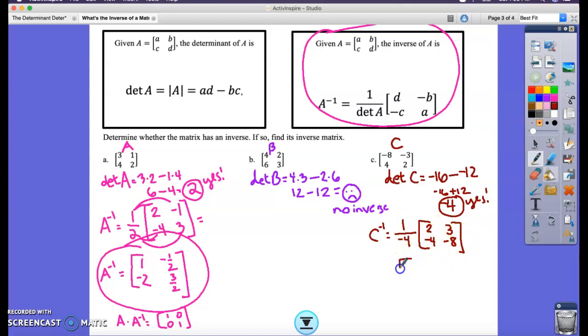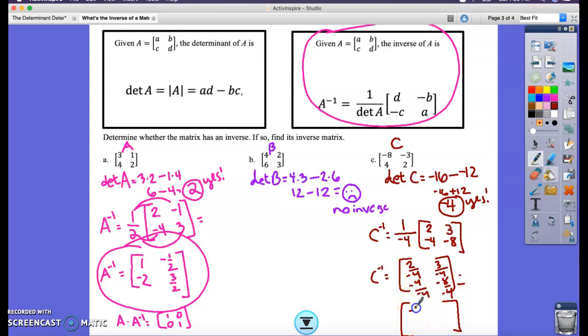Now I just simply distribute that out to find out what C inverse is. 1 over negative 4 of 2 is 2 over negative 4. 3 times that will be 3 over negative 4. This will be negative 4 over negative 4 and negative 8 over negative 4. And honestly, you can leave it like this, but you should try and simplify.